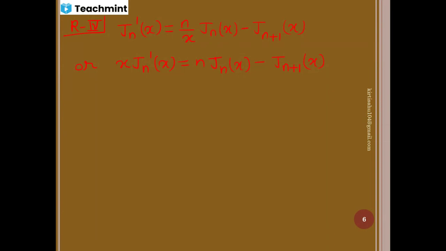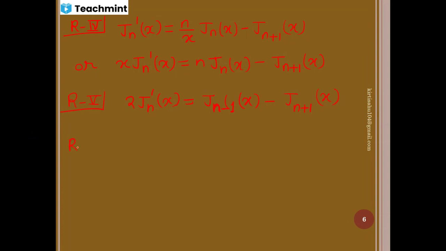Okay, now let's have the fifth recurrence relation. As I told you, in all, how many recurrence relations do we have? 6 recurrence relations. So it is 2 times Jn dash of x is equal to, here it relates three different Bessel's functions, that is Jn minus 1 of x minus Jn plus 1 of x. So this is my recurrence relation number 5.